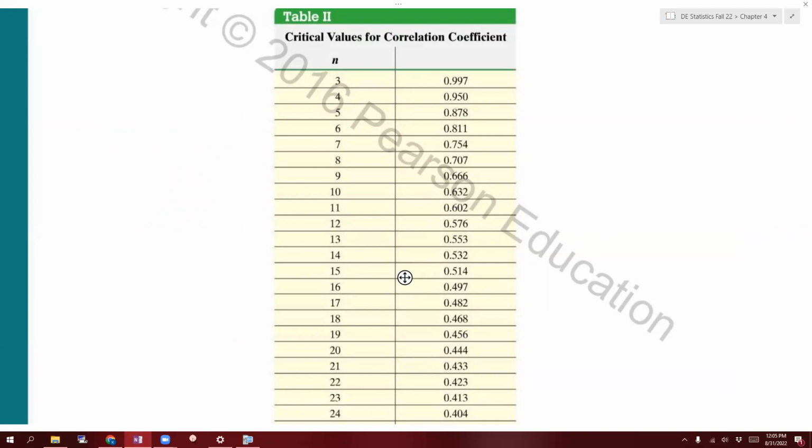So what this says is, let's say if you have 20 data points in your data set, in order for us to say that there's a linear relationship between X and Y, our R value has to be greater than 0.444. If our R value of our data sets comes out to be less than that value, that means we don't have a linear relationship between our two things. So that's how we use this table.